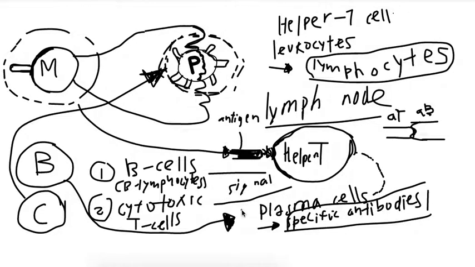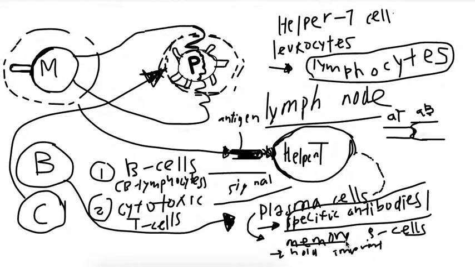The plasma cells are also able to become memory B cells. What these memory B cells do is that they hold an imprint of the antigen. It basically memorizes, hence the name, memory B cells.